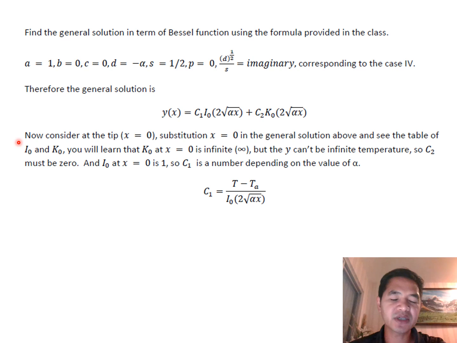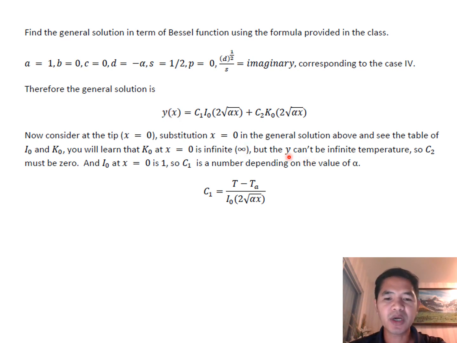You have to look at the table that I'm going to give you in the folder, and you will learn that K0 at x equal to 0 is infinity. But y cannot be infinite temperature, because the temperature at the tip is not going to be very high or very hot.